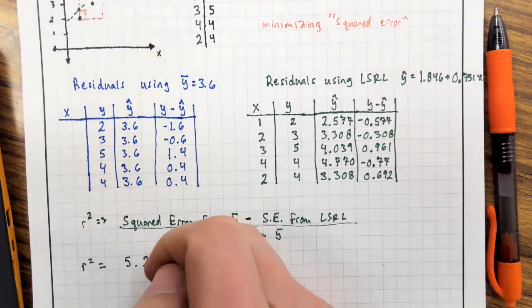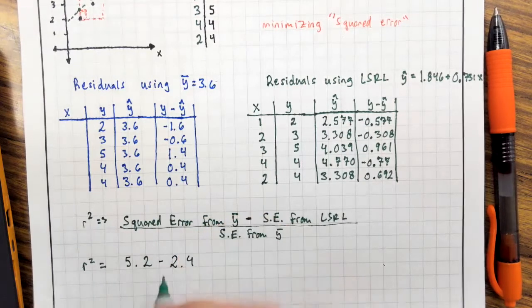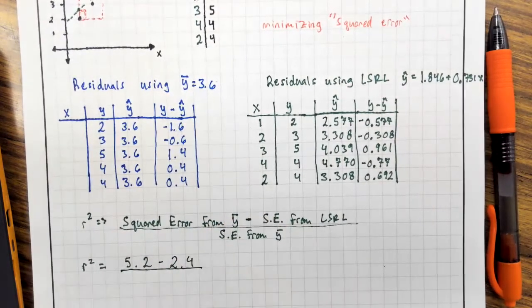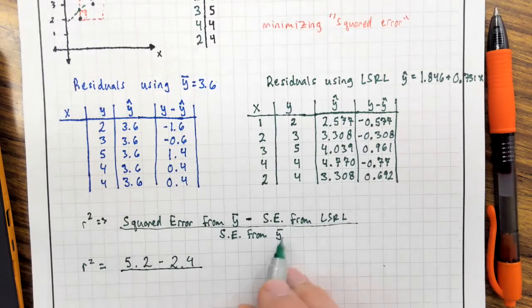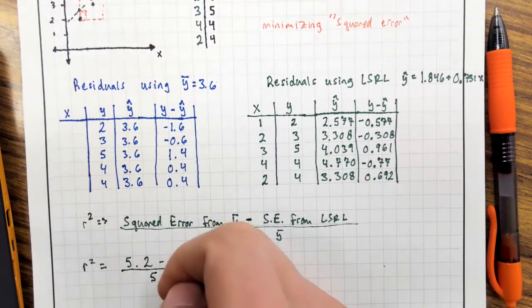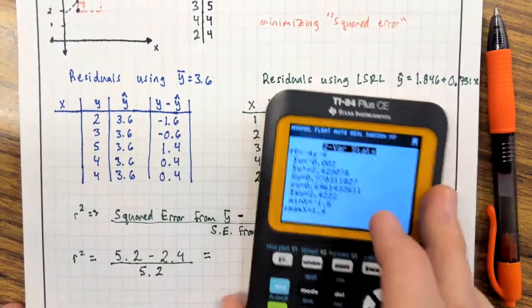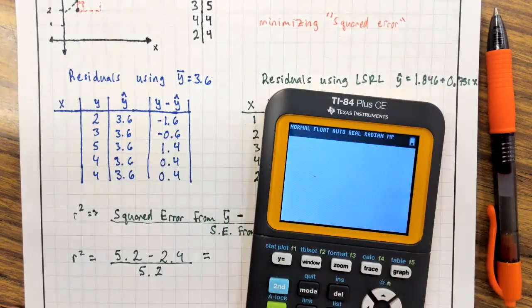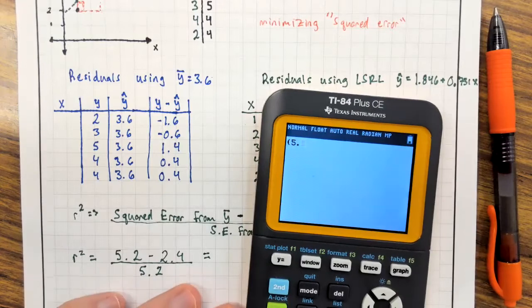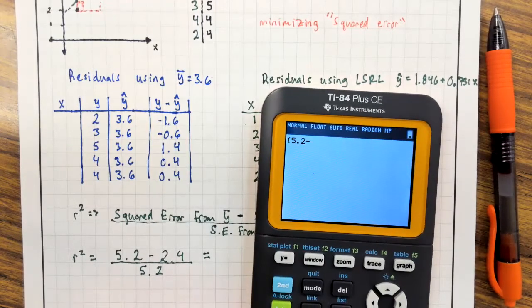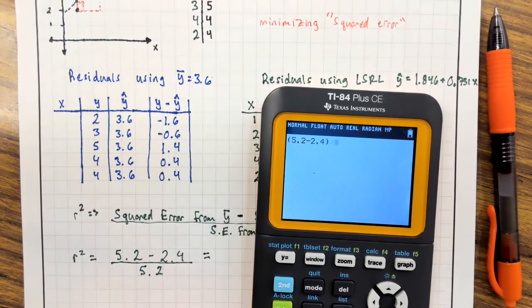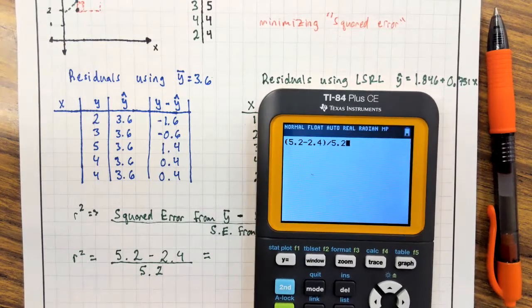So I'm going to subtract 2.4. This will all be divided by the squared error for y bar, which was 5.2. All right, we're almost there. We've almost got our value for r squared. I'm doing 5.2 minus 2.4, divided by 5.2.